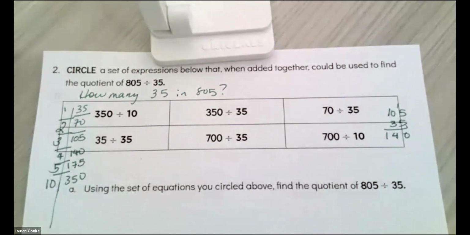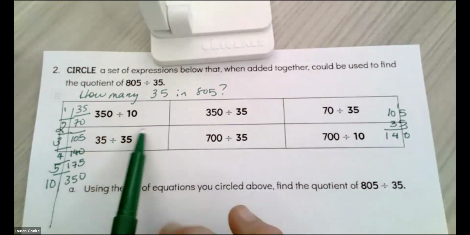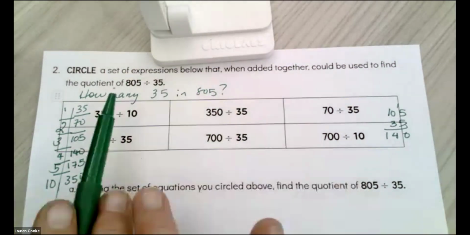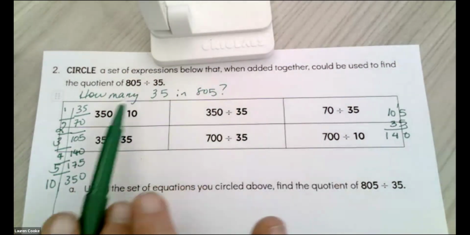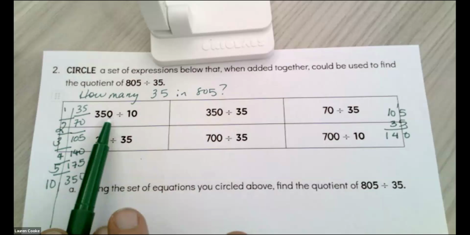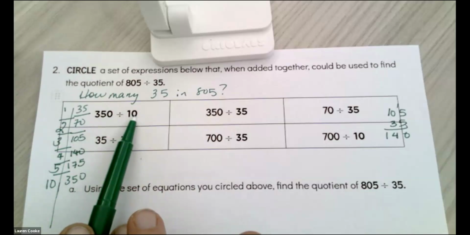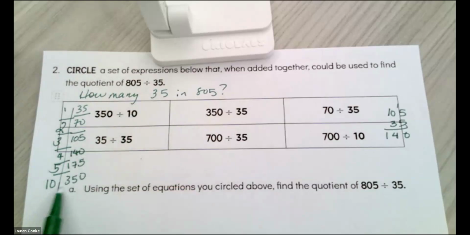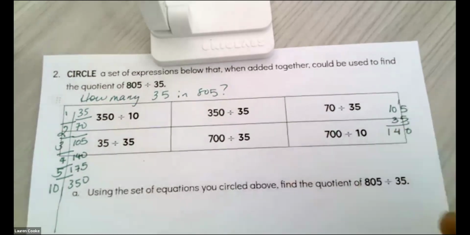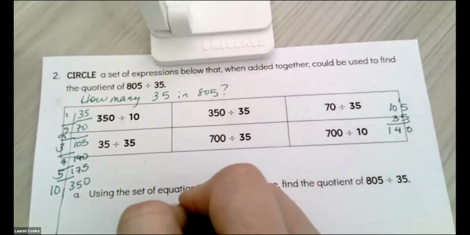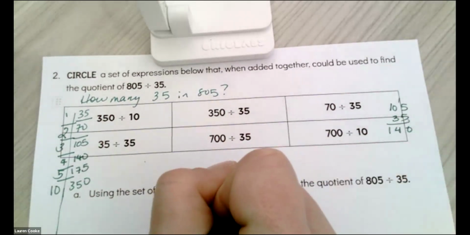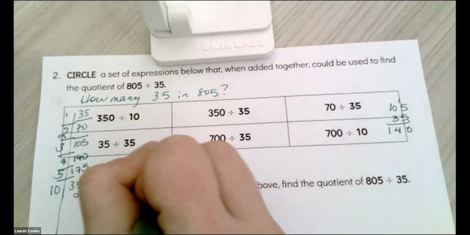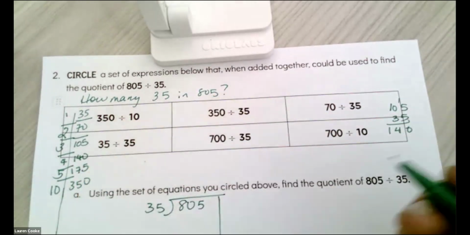All right. So I'm going to circle a set of expressions that could be used to find 805 divided by 35. If I did 350 divided by 10, I could get 35. And if I have 800, let me see, I've got to work this out. Just thinking about it isn't working for me.